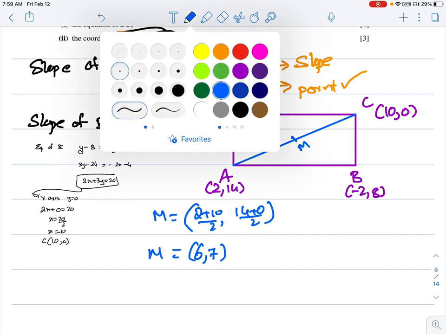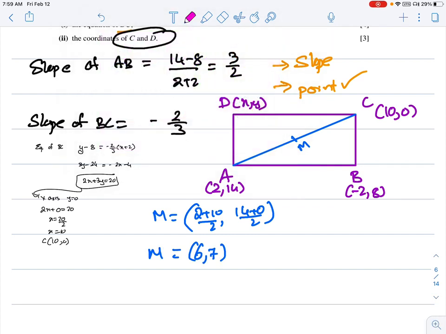When I draw the other diagonal BD, that also will be passing through the same midpoint M. So that is also the midpoint M for BD, which will be minus 2 plus x upon 2 comma 8 plus y upon 2. Both the midpoints should be the same.